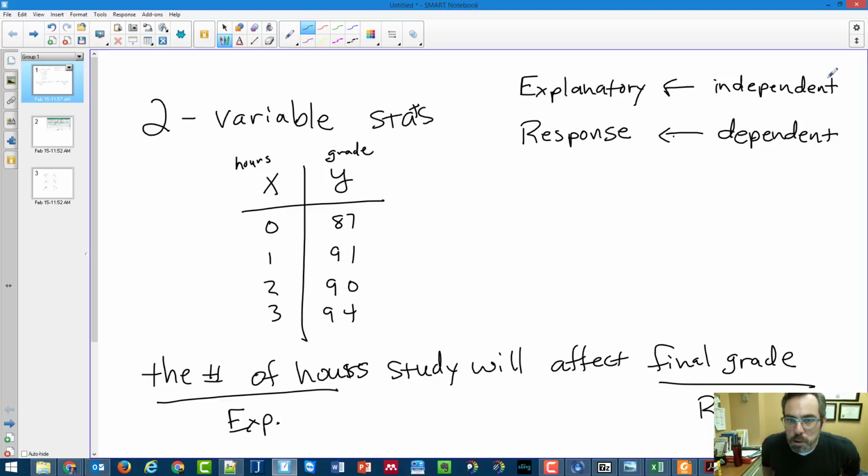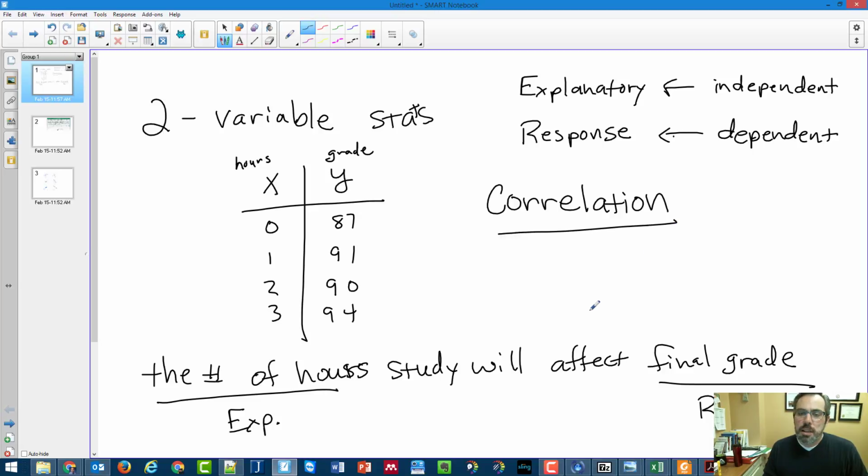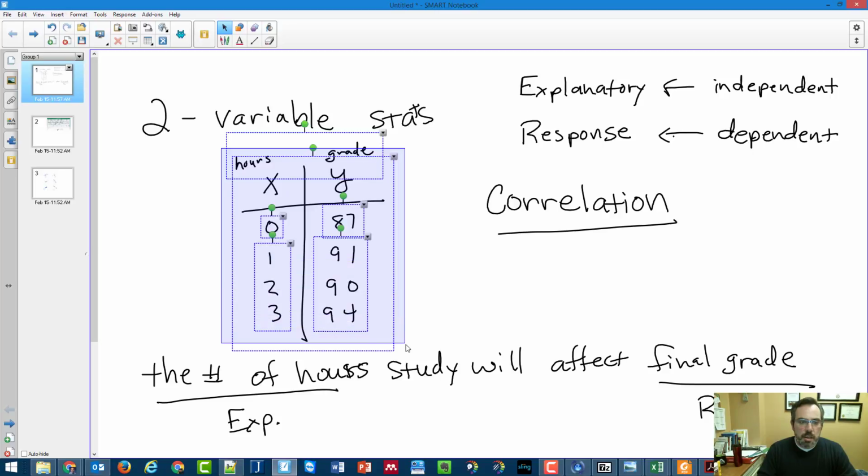You're not always looking for a relationship of explanation and response. Sometimes you're just looking for whether or not there is some kind of connection. That connection I'm going to refer to throughout this section as correlation. That's one of the things we're looking at: is there a correlation between these two things?